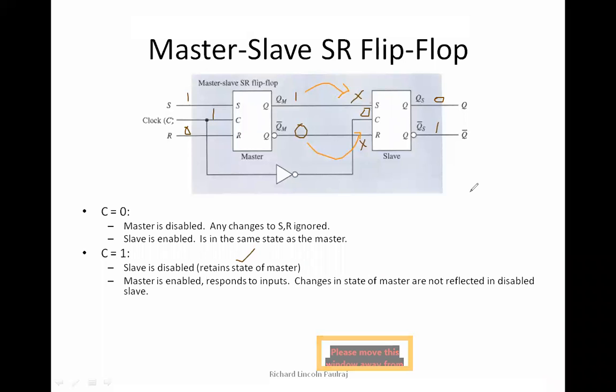Because the clock is 0, the slave is disabled. I am telling the slave not to work. I am telling the slave do not accept anything. You are not supposed to work at this point of time. Here the clock is in the high state, so your master is enabled. But at the same time, due to the work of this inverter, we are going to get a 0.